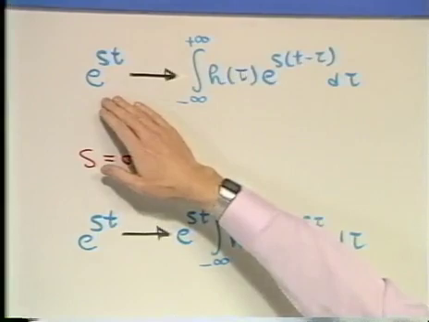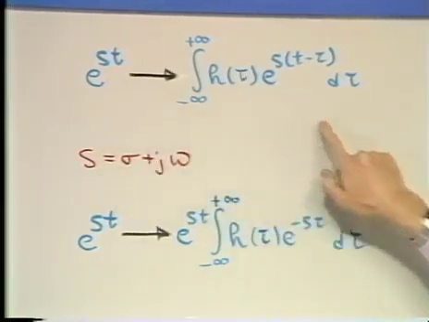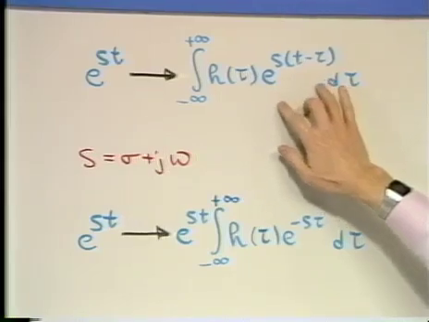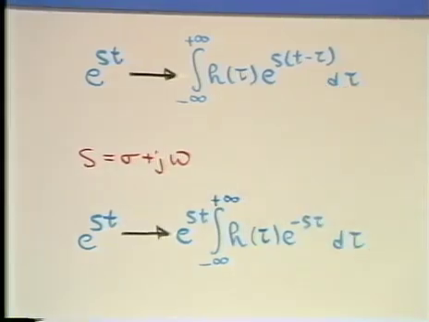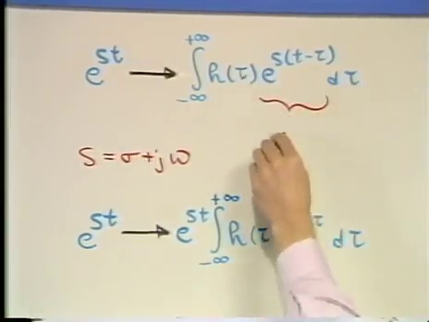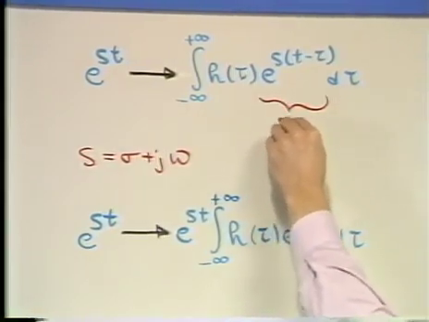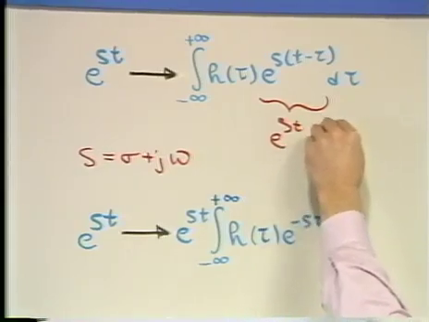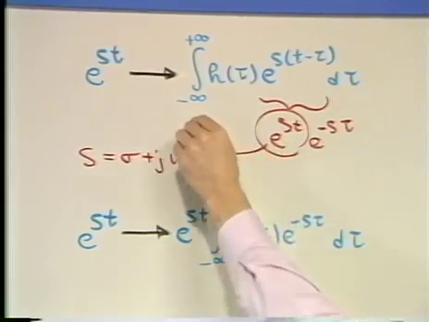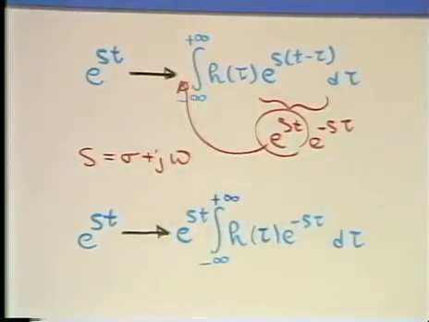In other words, the response to this complex exponential is the convolution of the impulse response with the excitation. And notice that we can break this term into a product, e to the st, e to the minus s tau. And the e to the st term can come outside the integration.